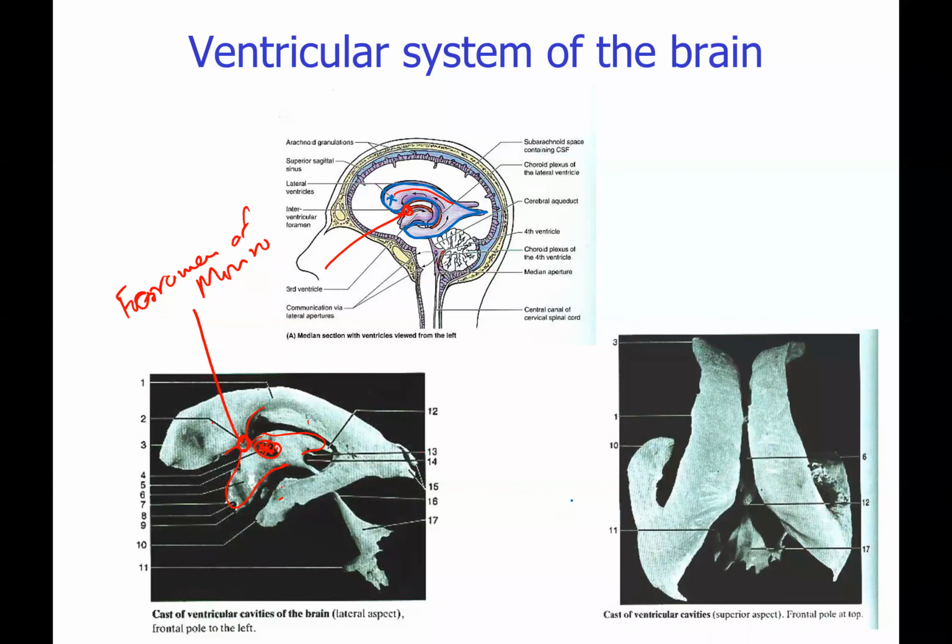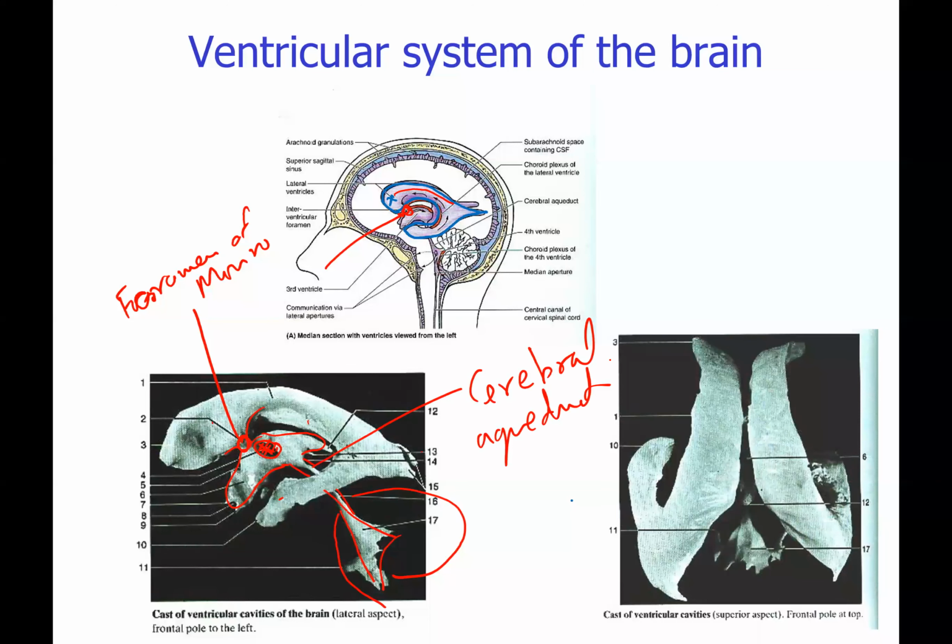Then the third ventricle is connected up to the fourth ventricle. This is the fourth ventricle. You get your cerebellum here. You get your pons and medulla here on either side of the fourth ventricle. The third ventricle is connected with the fourth ventricle through the cerebral aqueduct, the aqueduct of Sylvius.